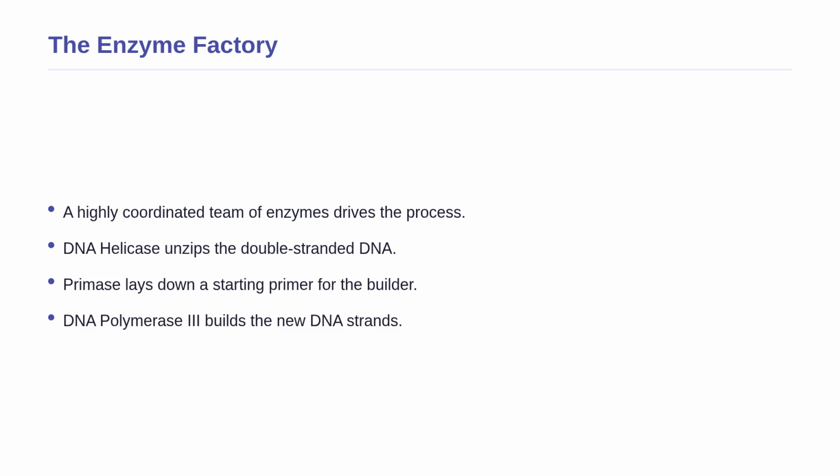Next, primase comes in to lay down a short starting primer, which acts like a flag, telling the main builder where to start. Finally, DNA polymerase III, the star of the show, reads the original strand and builds the new DNA by adding the correct nucleotides. Together, they ensure the new strands are built efficiently and accurately.